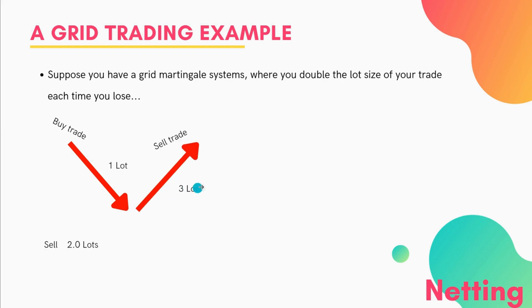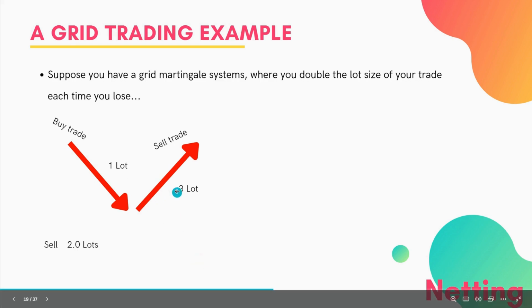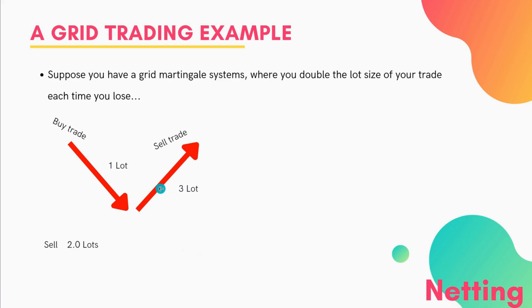So we have to actually open 3 lots, because the only way to close this lot and have a net position here is to open a position where we want to have a sell trade for 2 lots, and we also need to cancel out the buy trade in the opposite direction. So we have to add those two together to get our net position of 2.